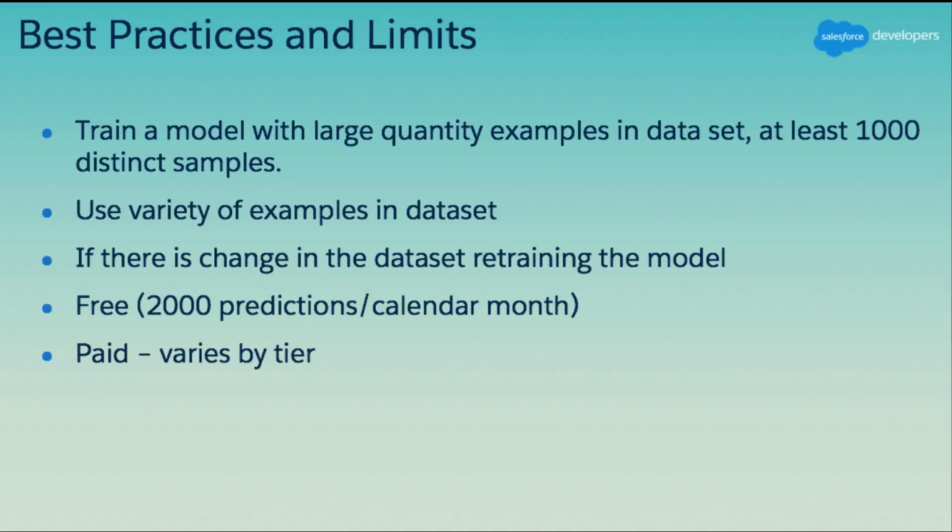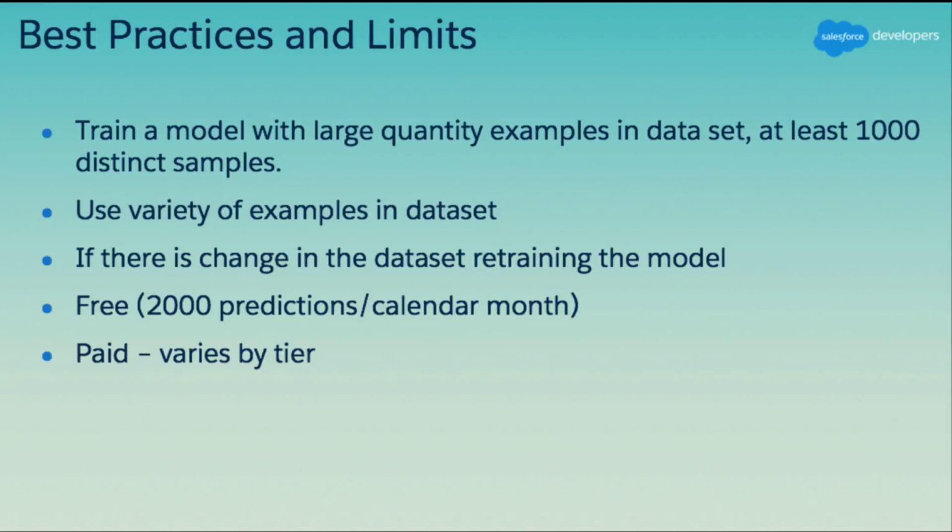And last but not the least, the variety. If you have distinct variety, the model is going to be able to learn in different scenarios what prediction it should generate, right? So variety of examples in your data set is again something very important to keep in mind. And another prerequisite, I wouldn't say only a best practice, is that if the underlying examples in the data set are changing, and you do not retrain, the model is going to make predictions based on whatever earlier examples were given, right?